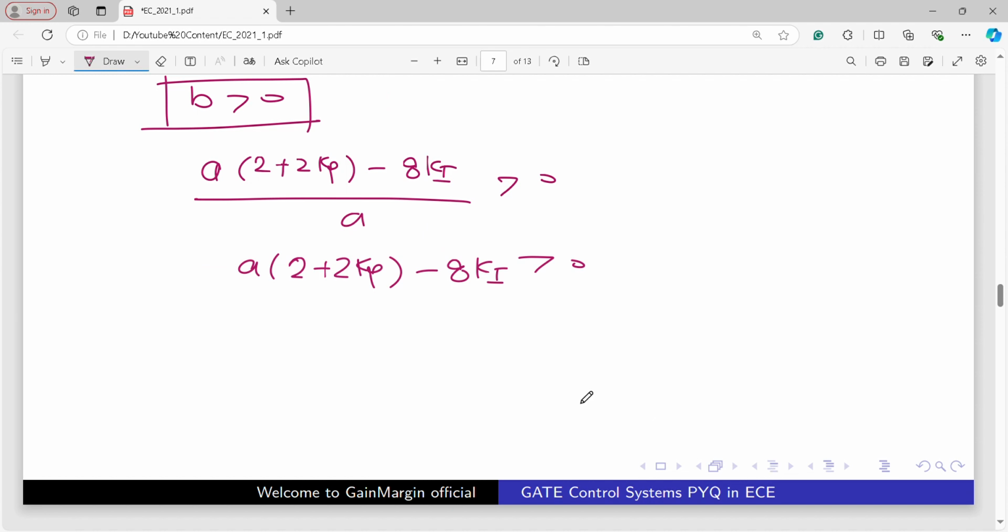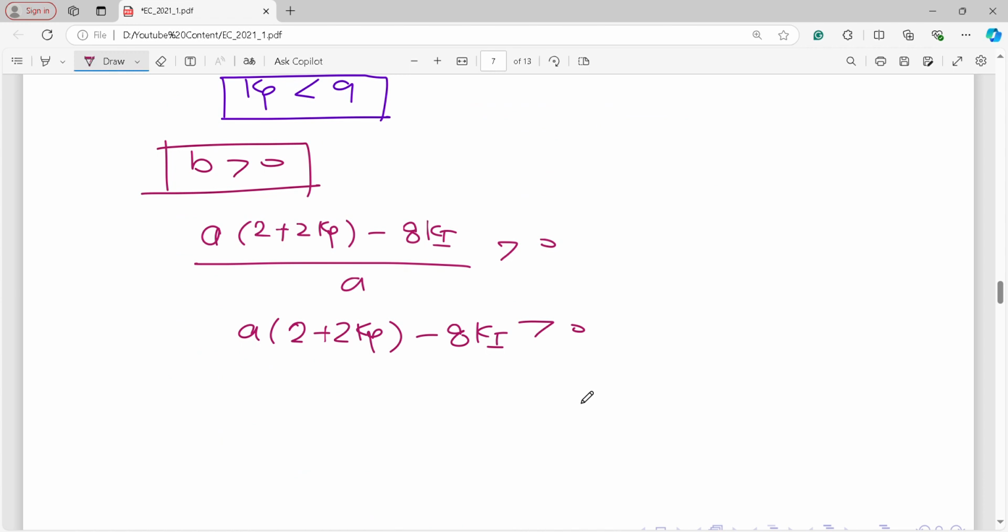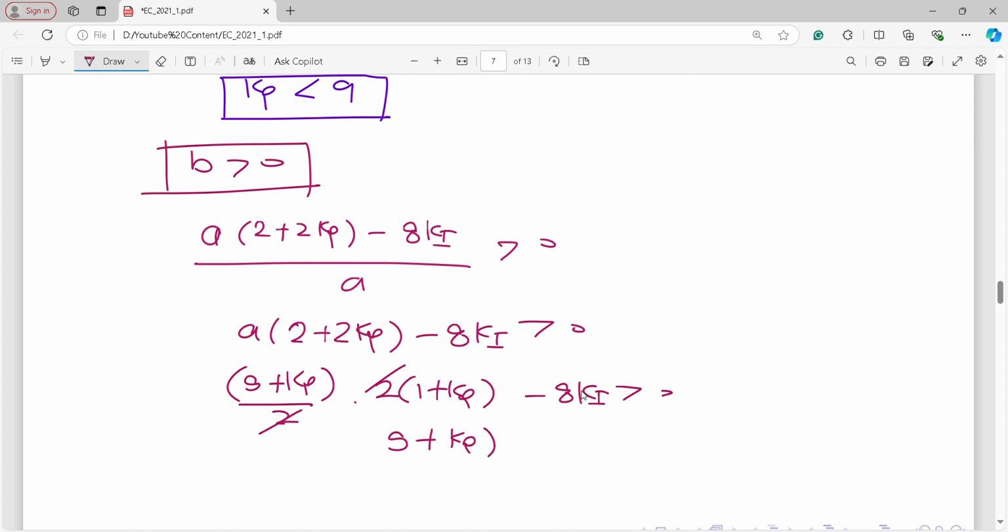So what is the A value? A value is 9 plus kp by 2, into, you can take 2 common, 1 plus kp minus 8 ki greater than 0. The 2 cancels out, so the remaining is 9 plus kp, 1 plus kp, minus 8 ki greater than 0.